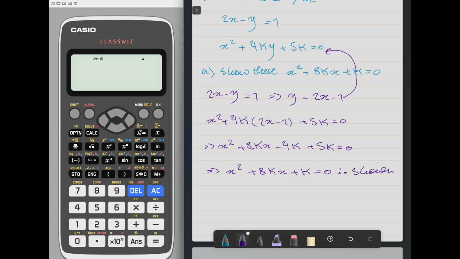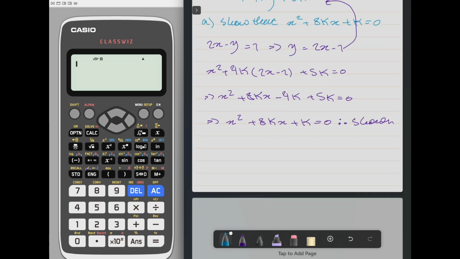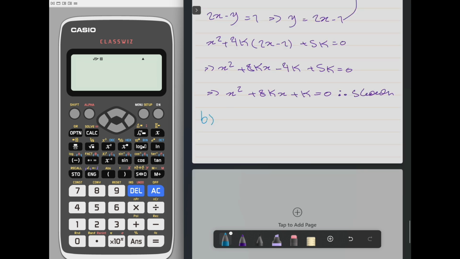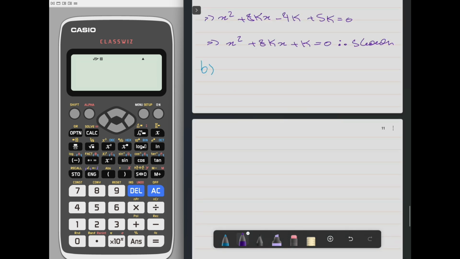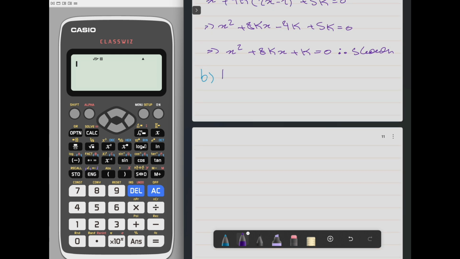As for part B, given that x squared plus 8kx plus k equal to 0 has equal roots, find the value of k. So we have one repeated root. When we have one repeated root, it means that the discriminant b squared minus 4ac is equal to 0.